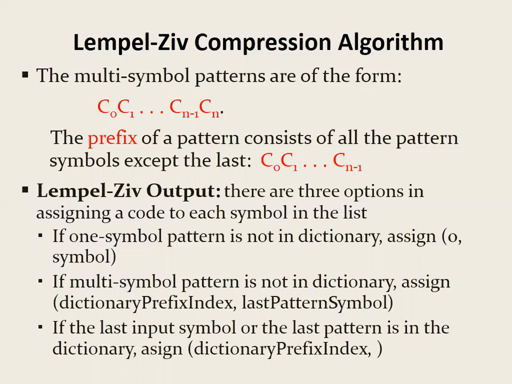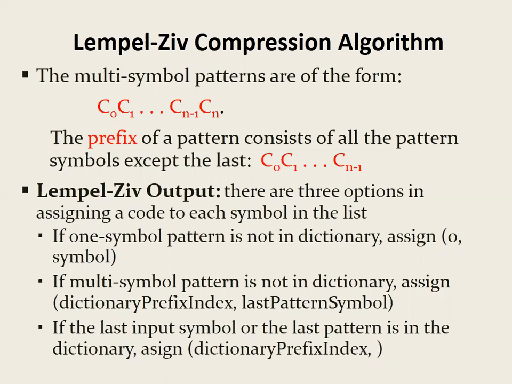So finally, we are creating an output. The output has 2 parts: the prefix part and the new symbol, which is included within the dictionary. The prefixes are the already existing symbols within the dictionary, and the newly added one that makes the existing symbols unique becomes the new symbol.